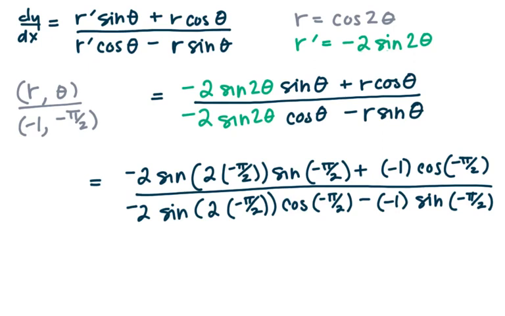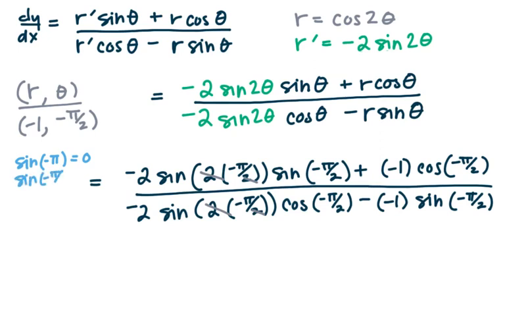Noticing in the derivative, those 2's cancel. We really just need to know what sine of negative pi is, and also sine of negative pi over 2 and cosine of negative pi over 2. As a note, this is some scratch. Sine of negative pi is equal to 0.